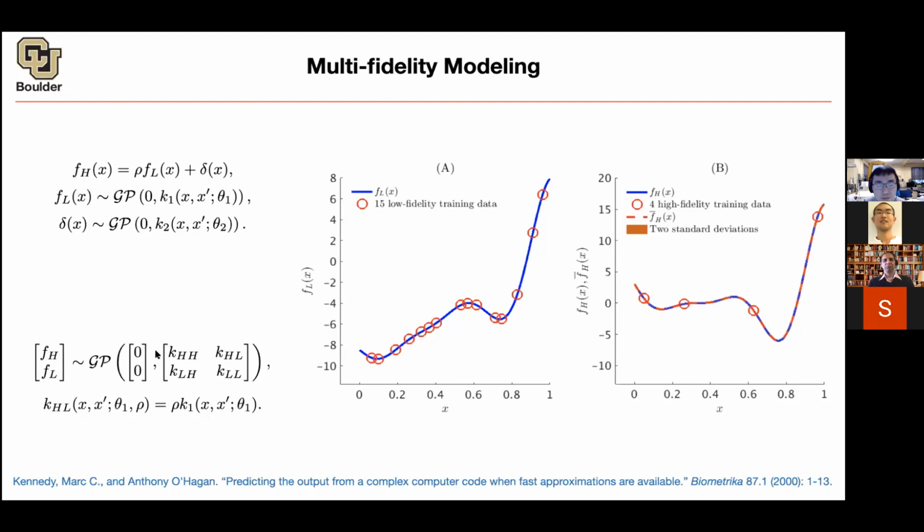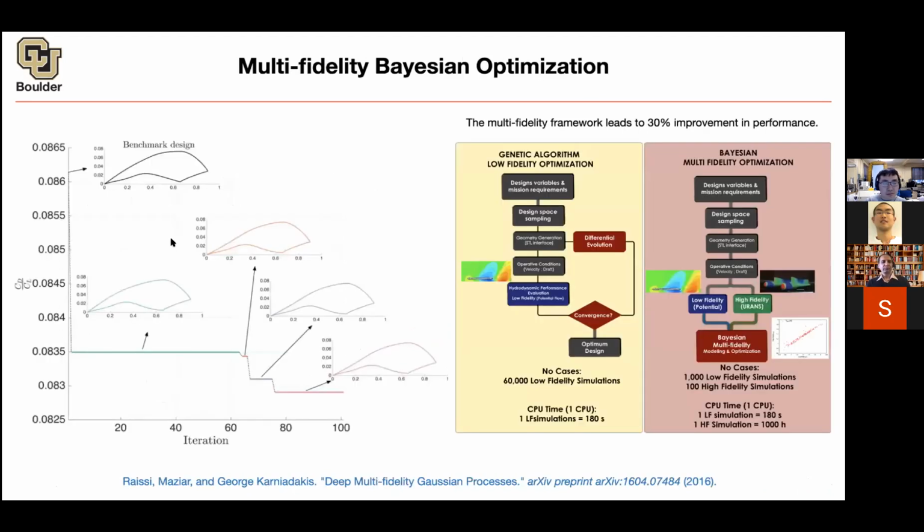You're changing your prior. This could be a bad prior. This could be a very good prior, but that's a choice that you make. And we actually have a paper that is improving upon that using neural networks. So you update your prior, make it more powerful. And that's exactly what we did here. You can start with a benchmark design that is already optimized using genetic algorithms.